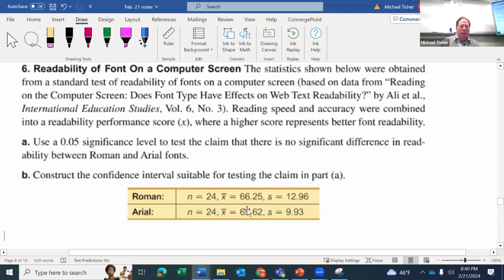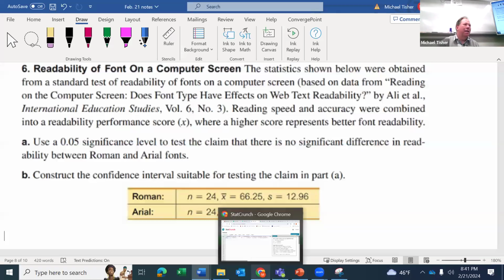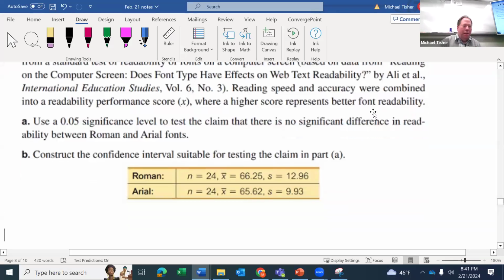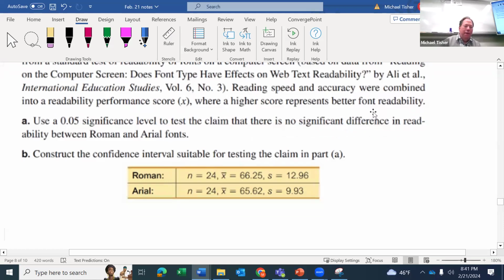The means look pretty close. So does it mean there may be a difference or no difference? Probably no difference, right? So font doesn't really make a difference on how well we can read it. But let's do this formal test.